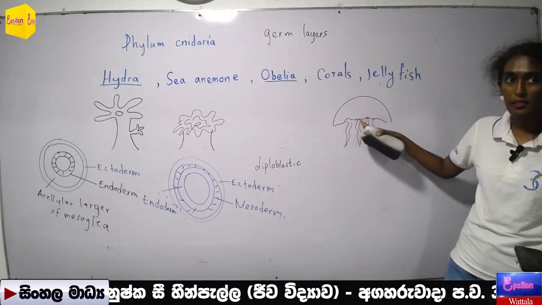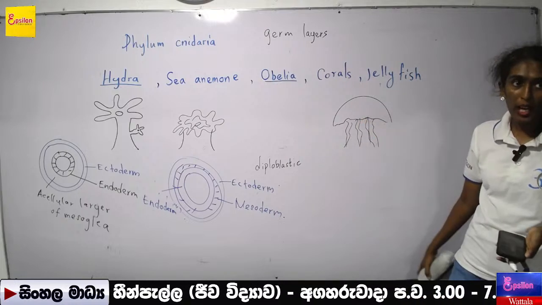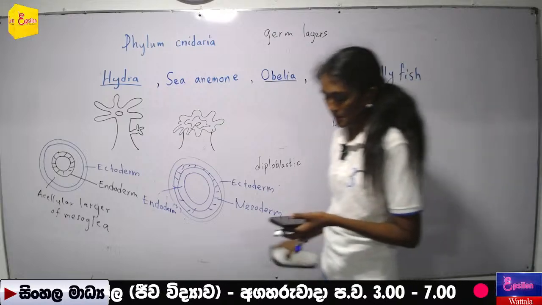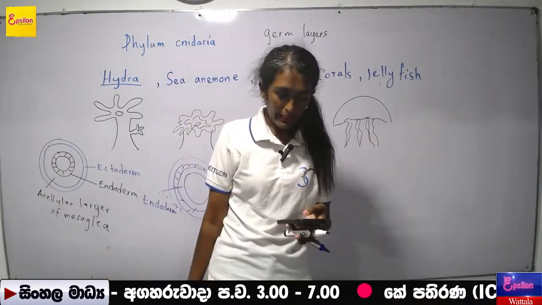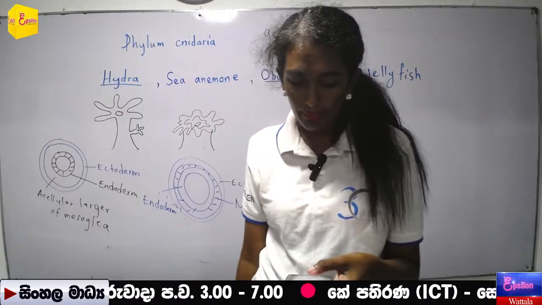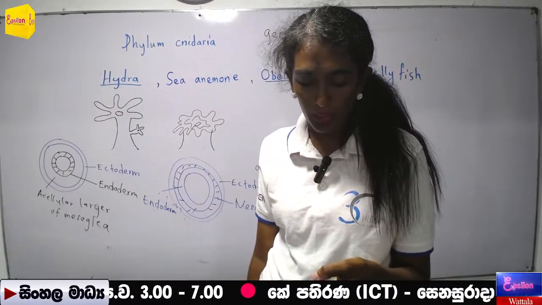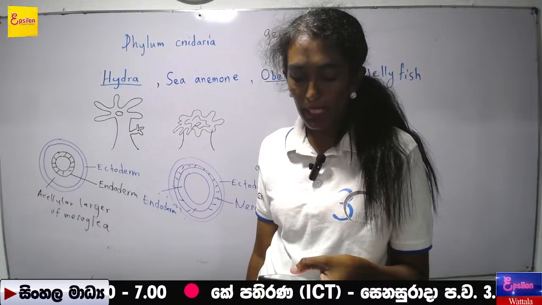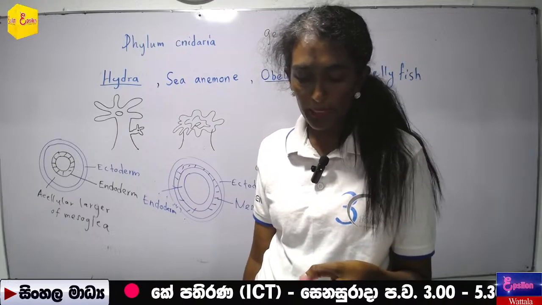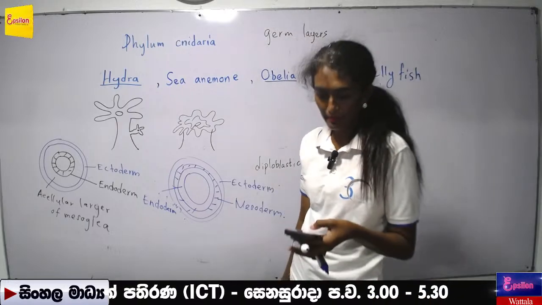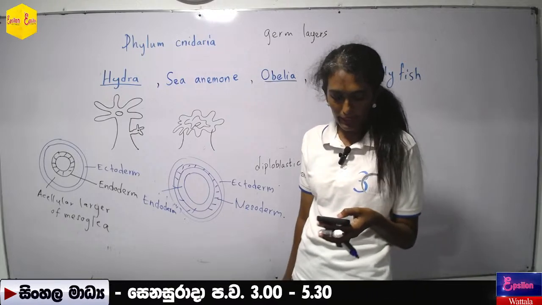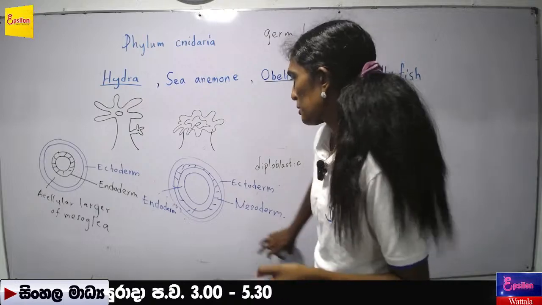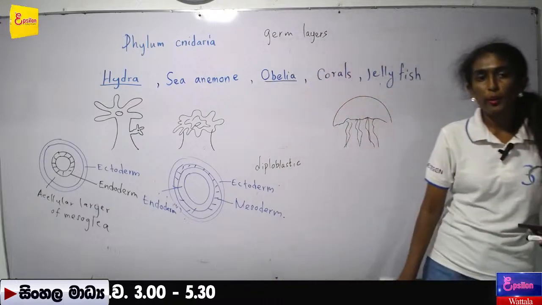In the bottom side. Oral end. It says like this: they have a simple gastrovascular cavity, which is a sac with a central digestive compartment. The cavity is lined by endoderm with a single opening, mouth only. Alright? At the same place, take a pencil or pen right there: incomplete digestive tract. Mouth only, no anus.